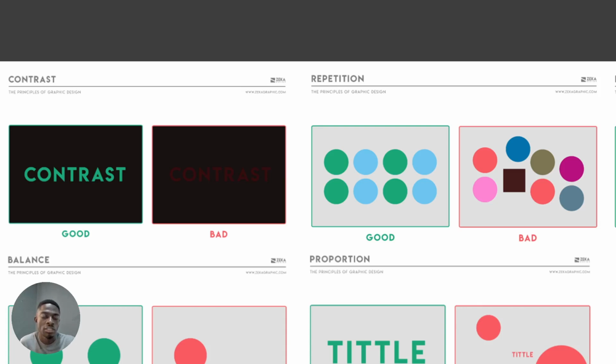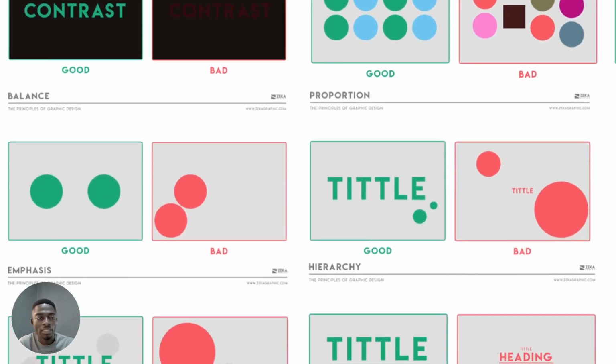All right, next we have balance. So what is balance? Balance is where you know where to put your elements, and by putting your elements, it's meant to avoid all the heavy elements in the same place.